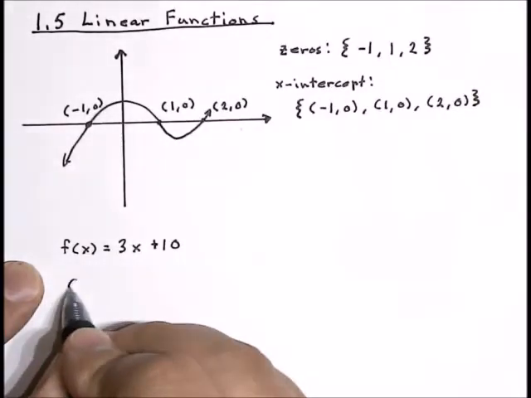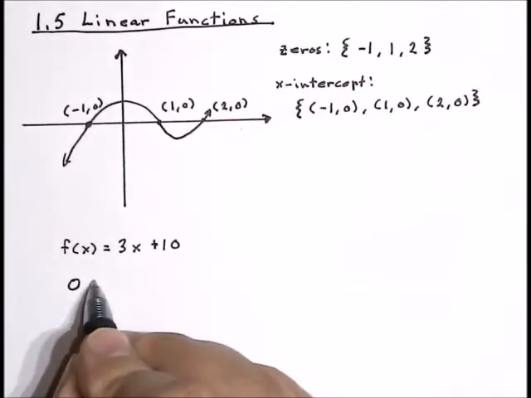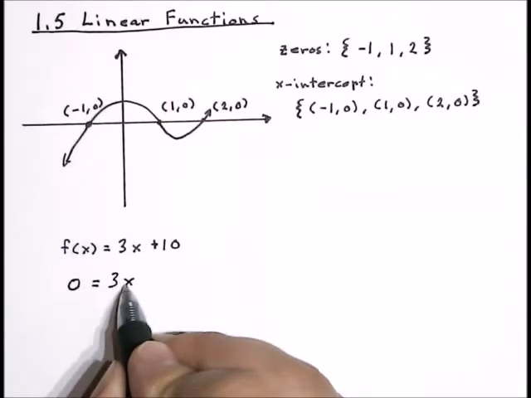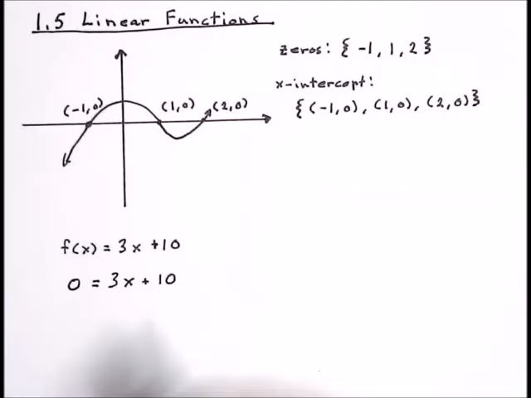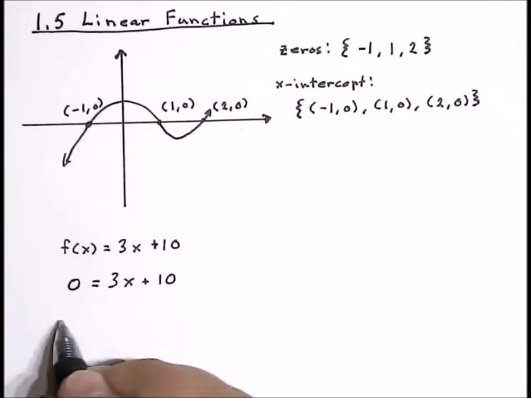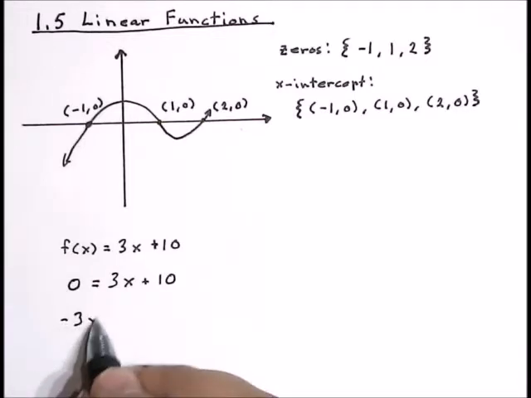So to find the zeros of this particular equation, just replace the f of x with a 0. And then we're just going to solve for x. First, I'm going to bring the 3x over to the left-hand side and change the sign when I cross the equal sign.